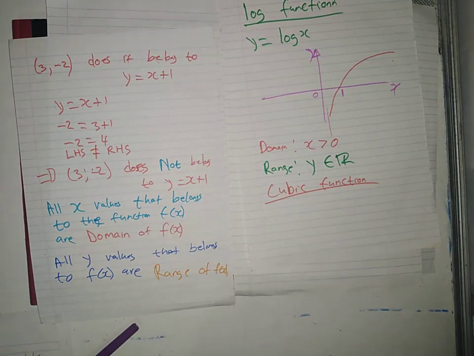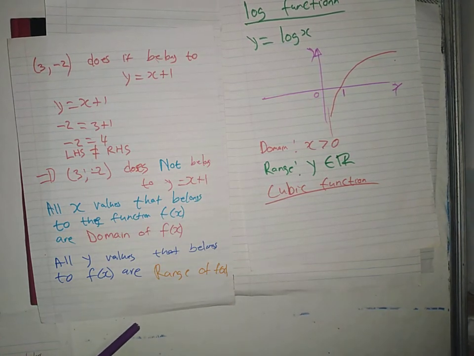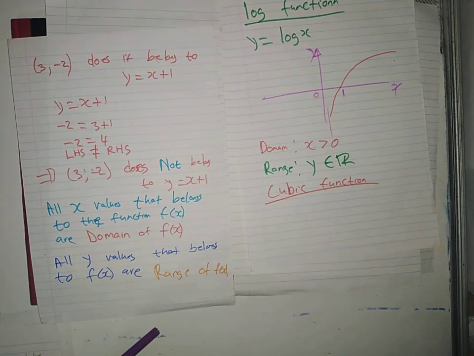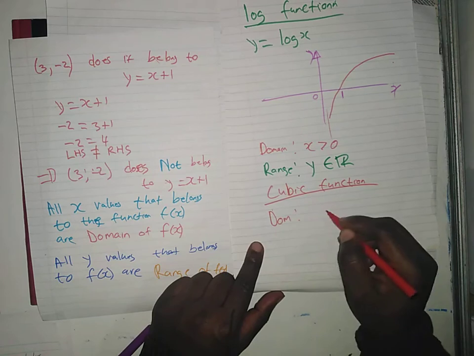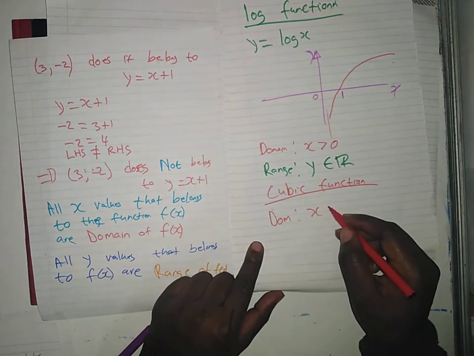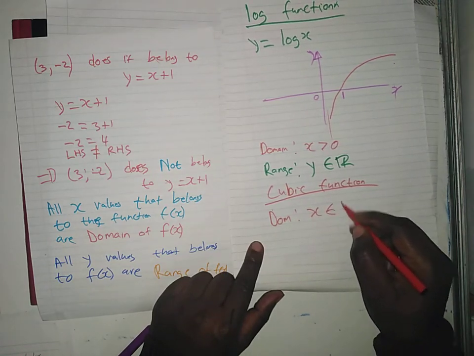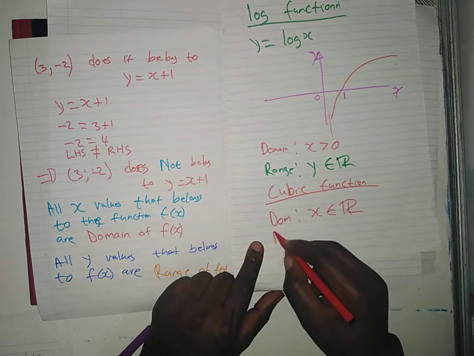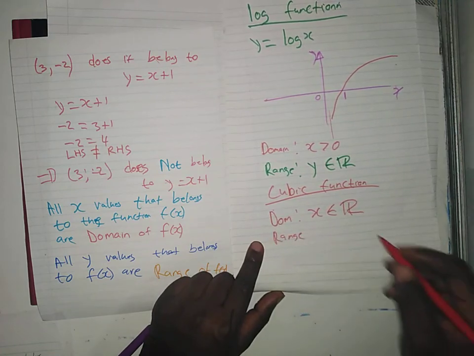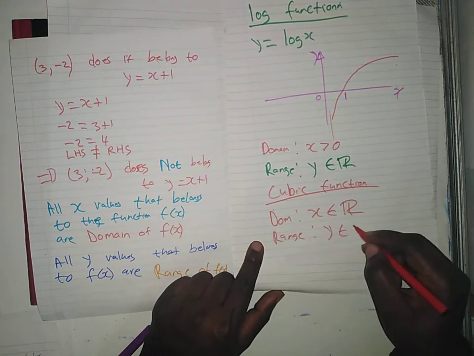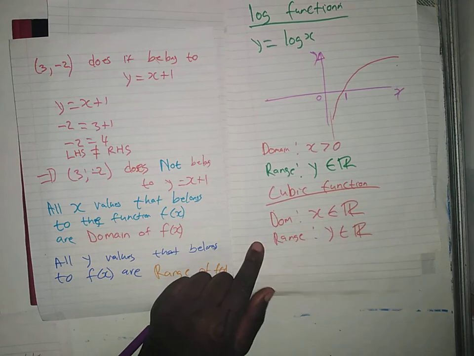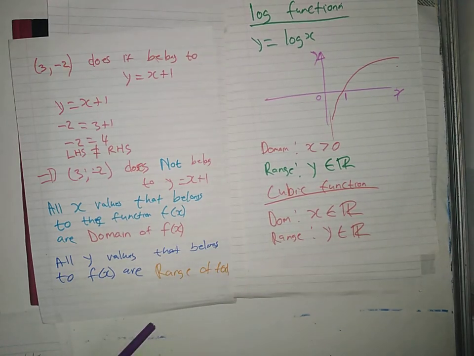Guys, when it comes to a cubic function, I don't care how a cubic function is, as long as it is a cubic function, the domain will always be x is an element of real numbers, and then the range will always be y is an element of real numbers. Literally always.